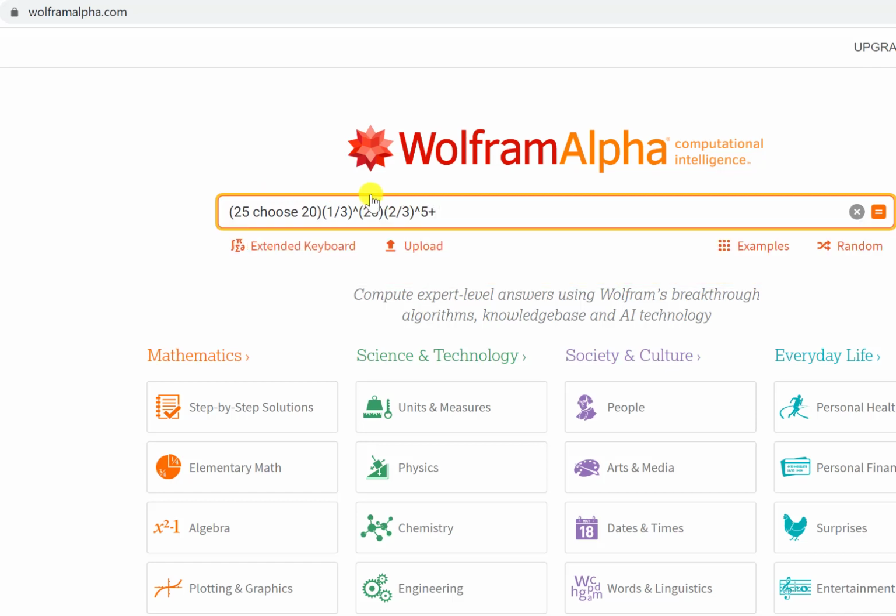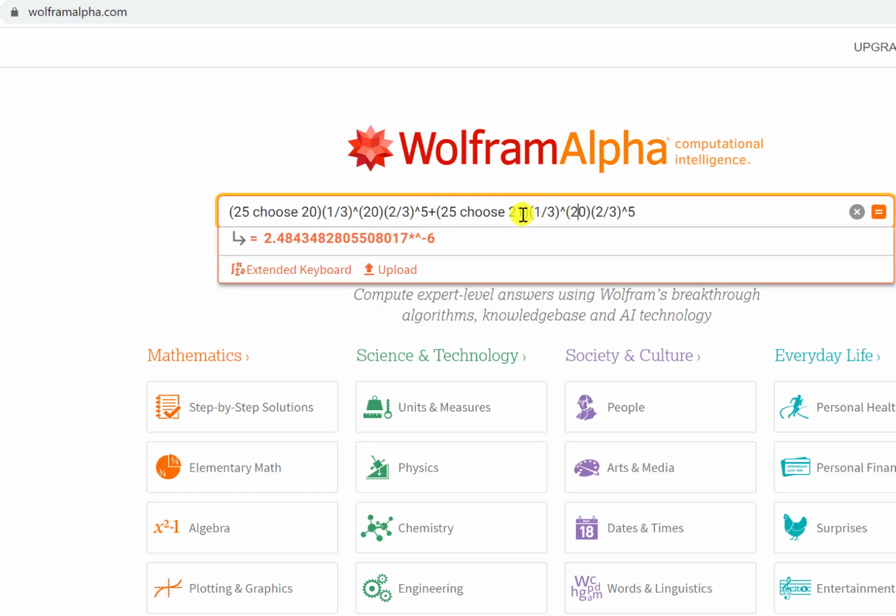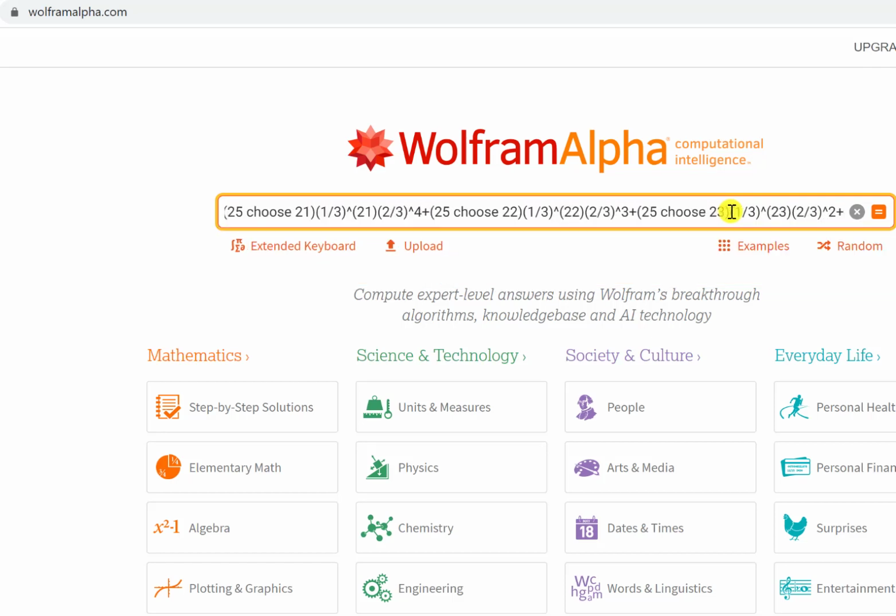And then I'll get plus, and the terms after that are really similar, so I'll start to copy paste. And then it's 25 choose 21. This exponent becomes 21, and this becomes a 4. I'll copy paste again. I change this to a 22. This becomes a 22. This exponent needs to become a 3. Got to do this a couple more times. Now I make this a 23, make this a 23, make this a 2.